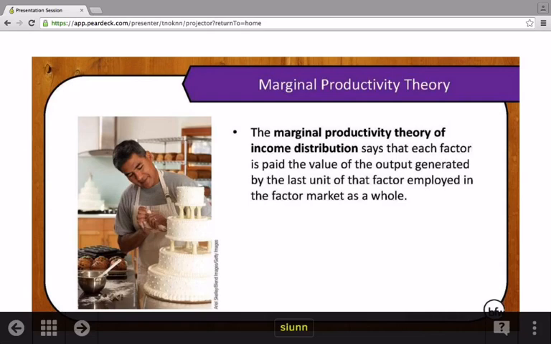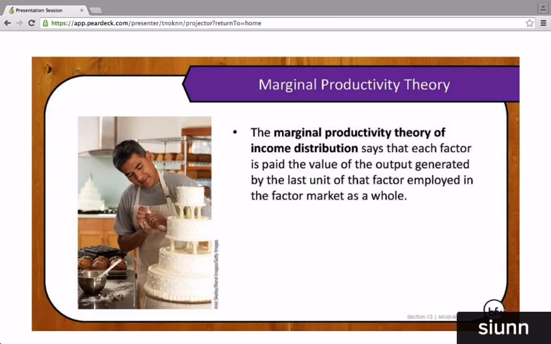What I will say is that the marginal productivity theory of income distribution says that each factor is paid the value of the output generated by the last unit of that factor employed in the factor market as a whole. So if we want to look at the wage rate that is paid to bakers, for example, well, we would say, what is the marginal revenue product that is produced by the last baker hired?